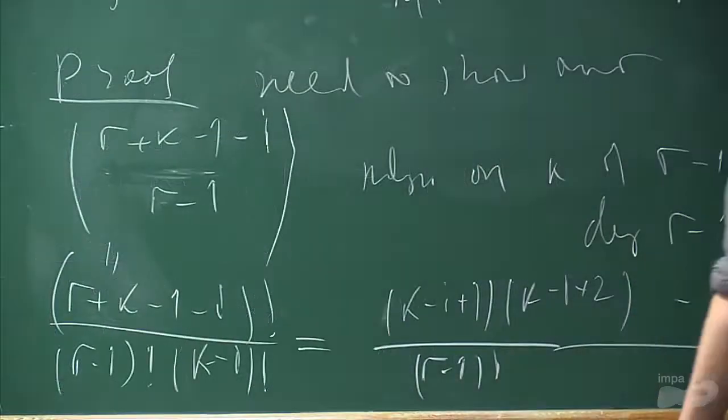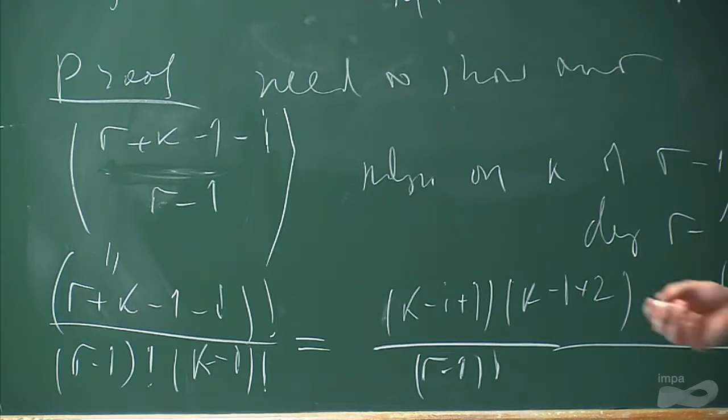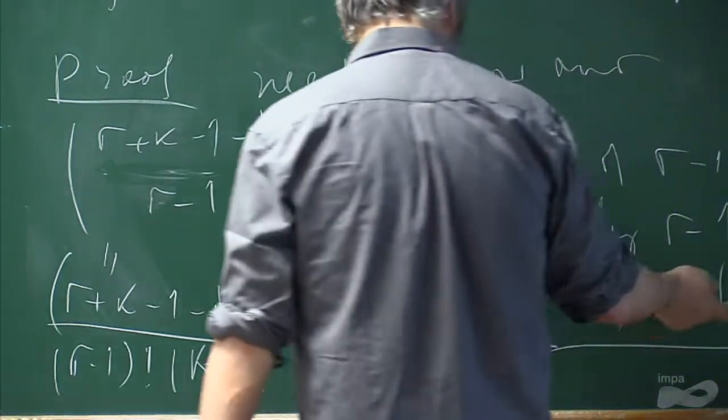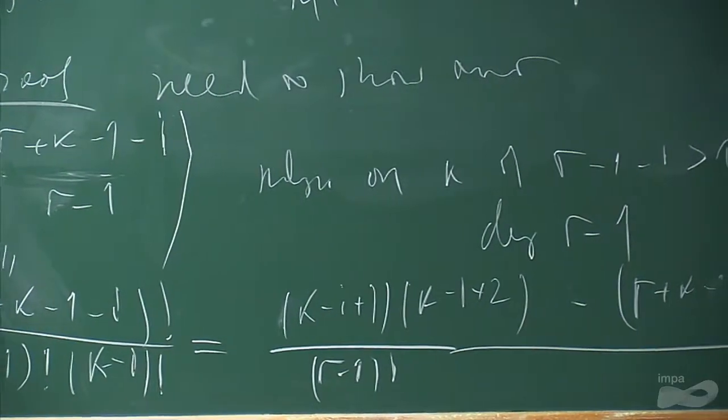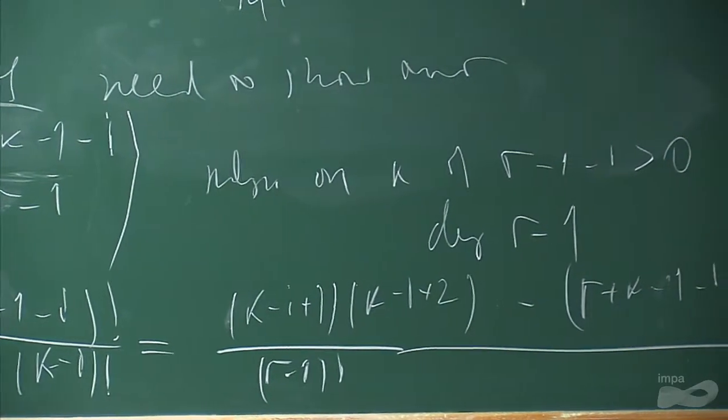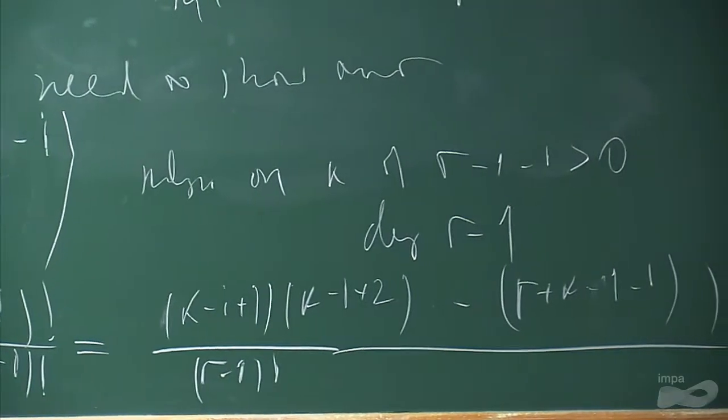Okay, this is precisely r minus 1 terms. So it is a polynomial. Okay. Now we write this expression for Poincaré.